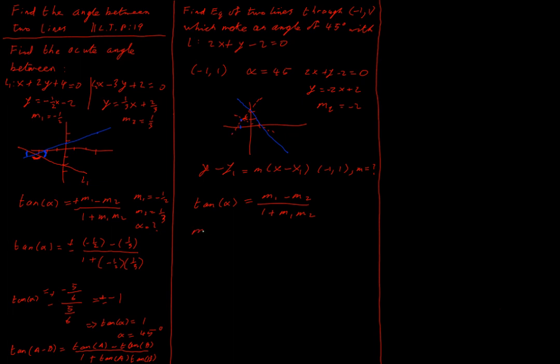So I know the slope of, we'll call M1 the slope I am looking for of my red dashed lines, and I have M2, I'm going to say, is my -2. And I know that alpha is equal to 45 degrees. So let's just sub in and see what we get.